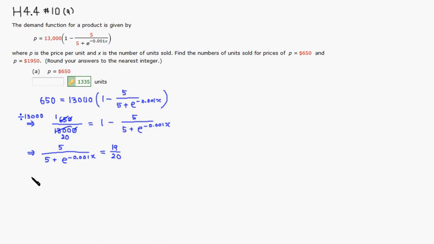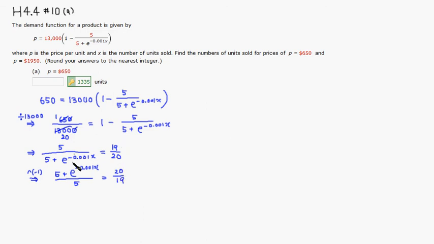Since we want to isolate x, we want x on top, so I'm going to take the reciprocal of both sides, which is the same thing as raising to the negative 1 power. So you have 5 plus e to the negative 0.001x over 5 is equal to 20 over 19.